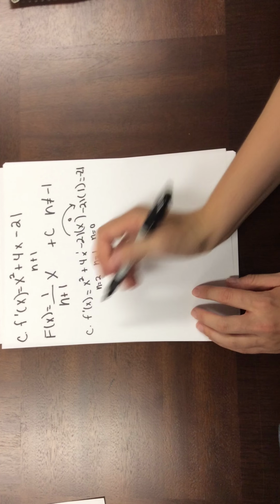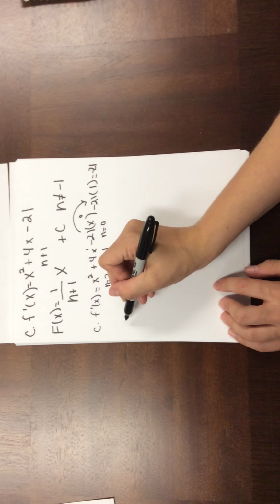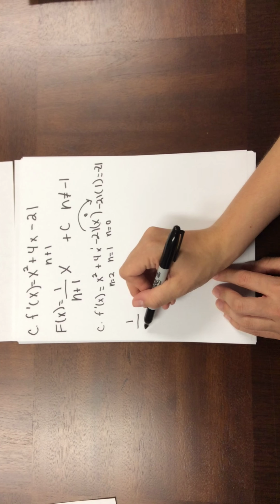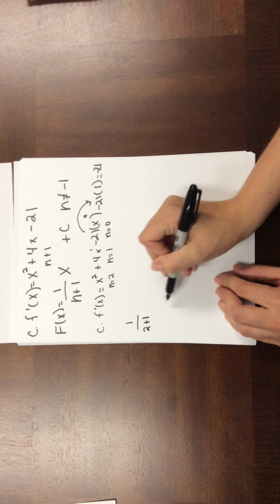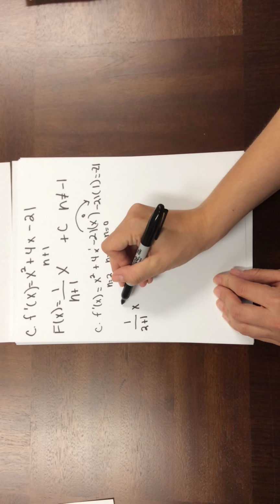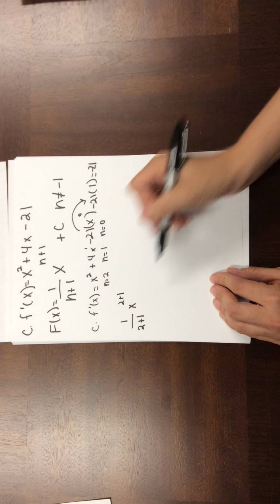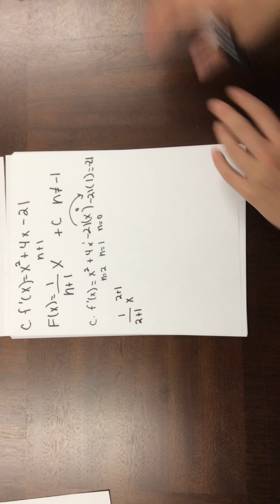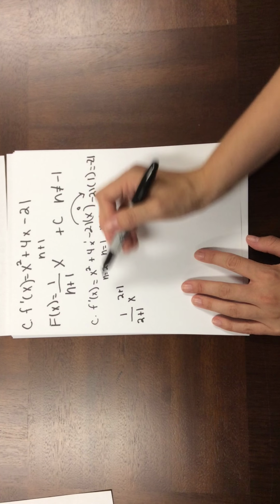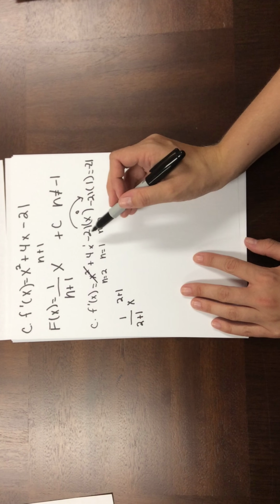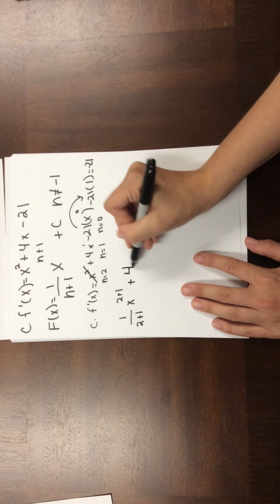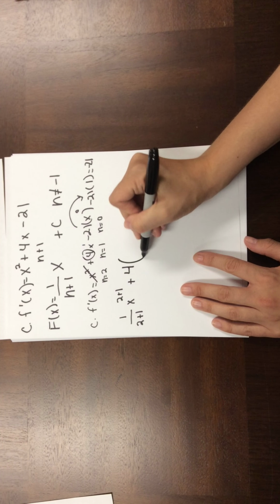So then to write this out, we start with the first term of x squared. So we have 1 all over n being 2, so 2 plus 1, x raised to the 2 plus 1. And they're all going to be plus the constant, so I usually wait till the end and just add that constant in at the end. So then that takes out this term. Then we have plus, for 4x, we're going to pull that constant out in front.